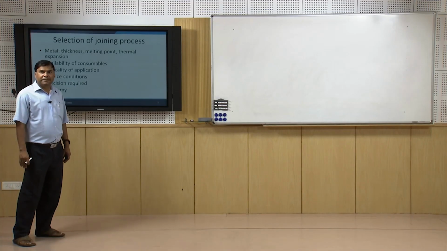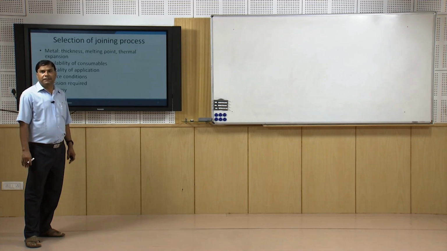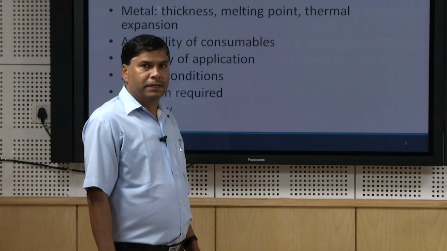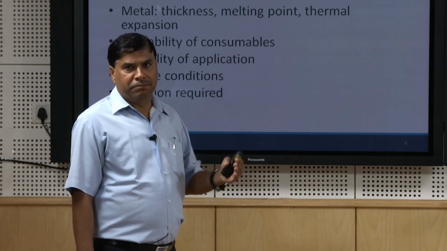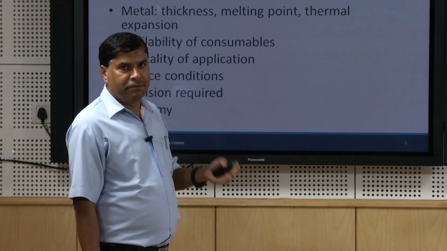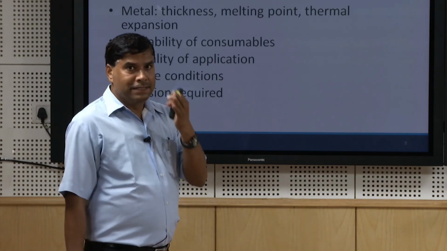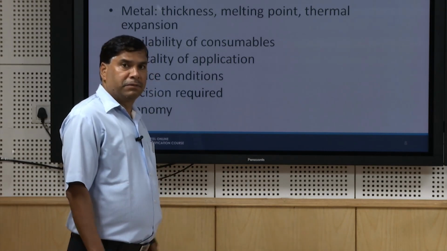So, now you have seen that there are three broad approaches for joining: mechanical joining, adhesive joining, and welding based joining processes. Since there are a number of processes in each of the categories, we have to see which type of joint is to be selected. For selection of the joint, we need to consider certain technical points, like the metal to be joined and the section of the component to be joined.